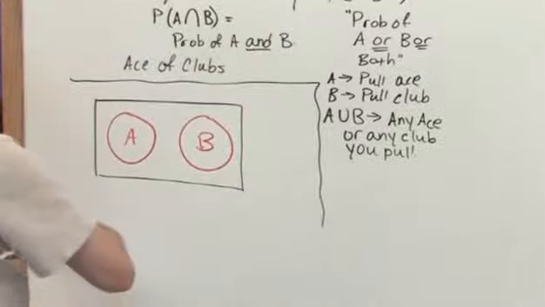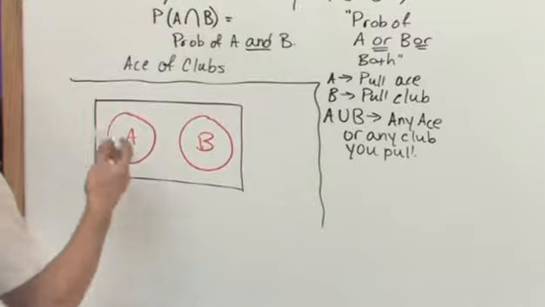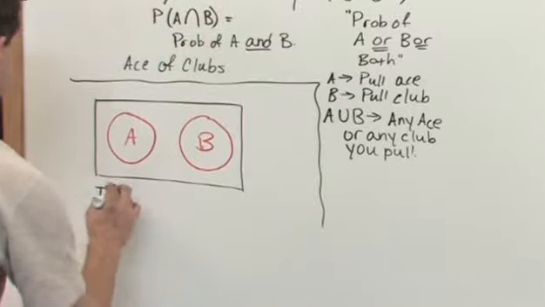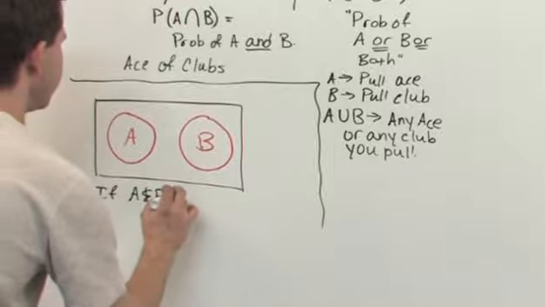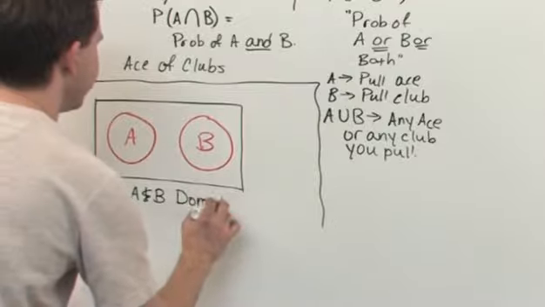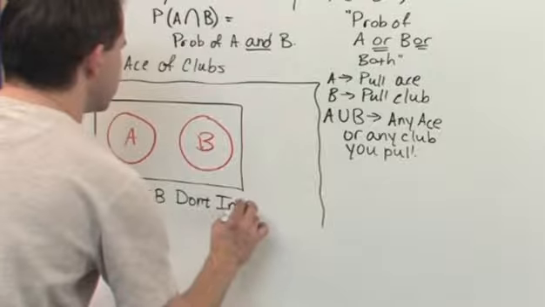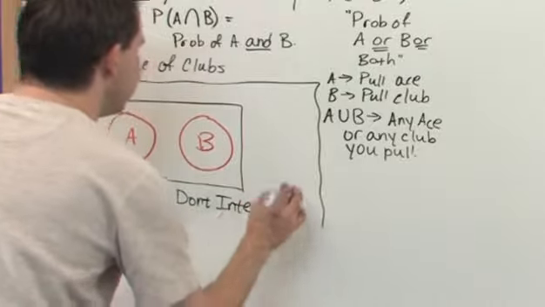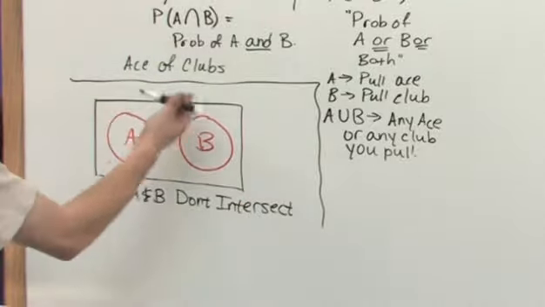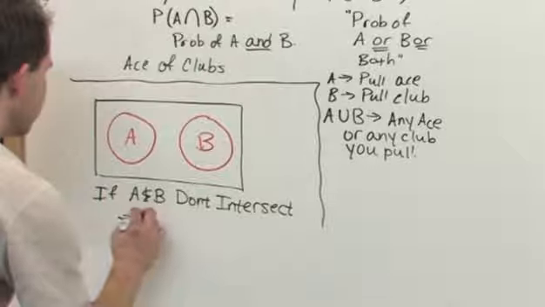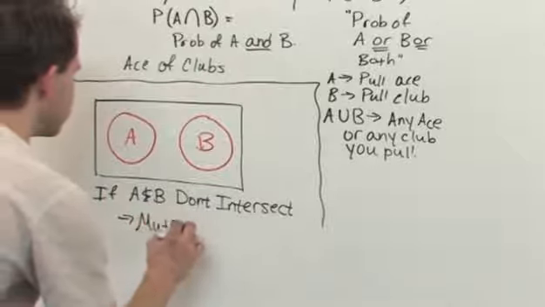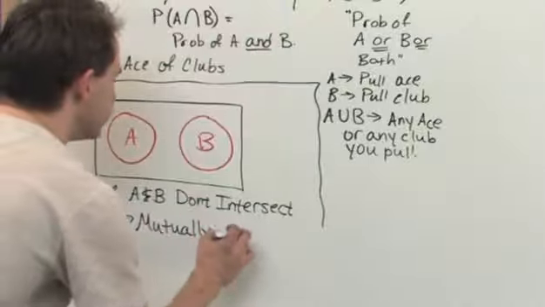So what we write down is we say if A and B don't intersect, which just means that it's impossible for A and B to happen at the exact same time, then we call it mutually exclusive.